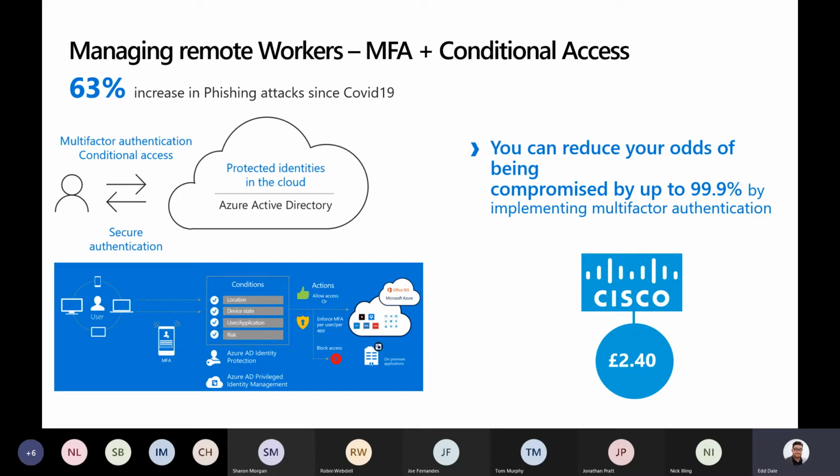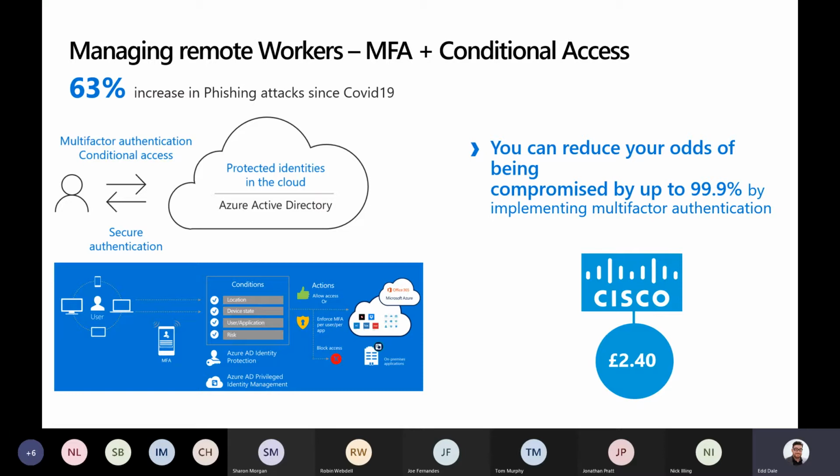So in terms of the locations that you work from and the types of device that you're using, if you start signing in from weird locations, weird IP addresses, or start using devices that we've never seen before, that could potentially be deemed as suspicious behavior. Conditional access will work with MFA to get you to prove that you are the person you claim to be. Now, as I mentioned again last week, there are plenty of solutions out there that deal with multi-factor authentication.